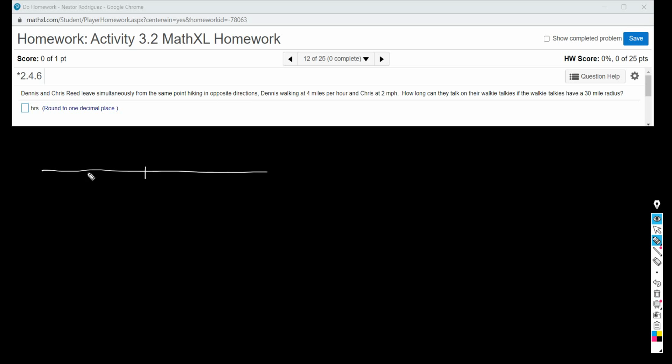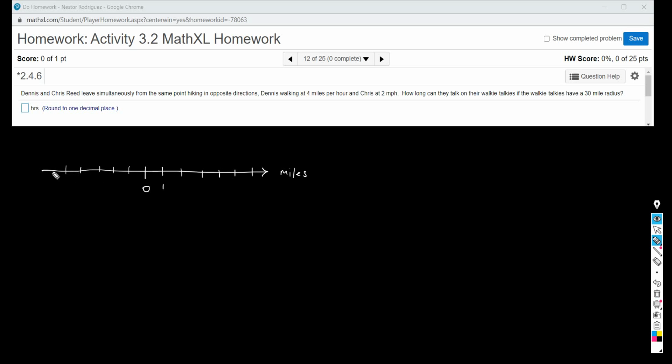So I'm going to draw this horizontal line representing kind of like the surface or the road, more or less. And I'm going to say that the scale in this line is going to be miles. 0 miles, this is my origin. 0 miles, 1 mile, 2, 3, 4, 5, 6, etc. And the same backwards.